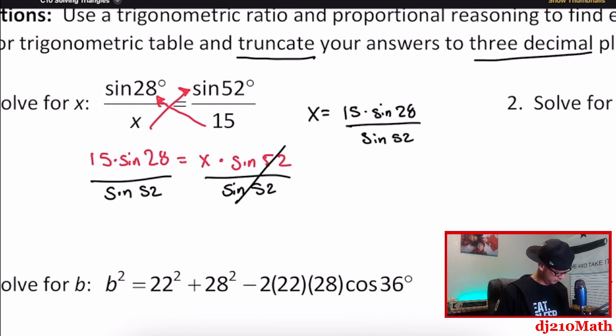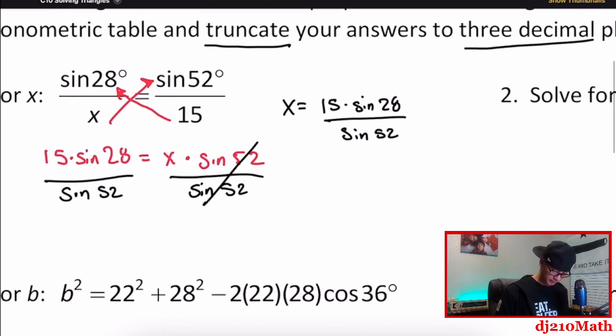All right, so this is going to be 15 sine 28 divided by sine 52. It's approximately 8.936.